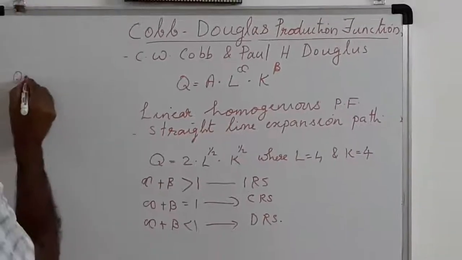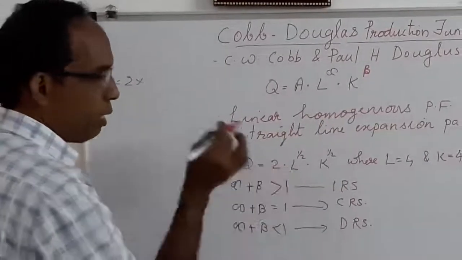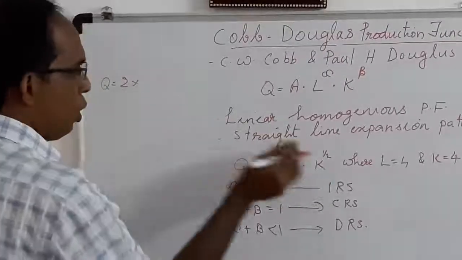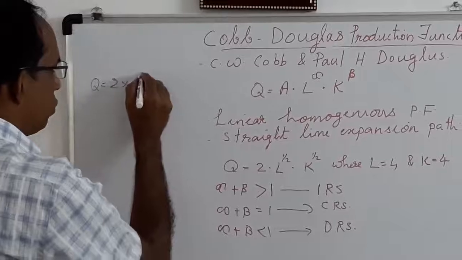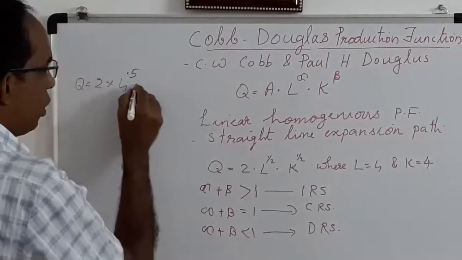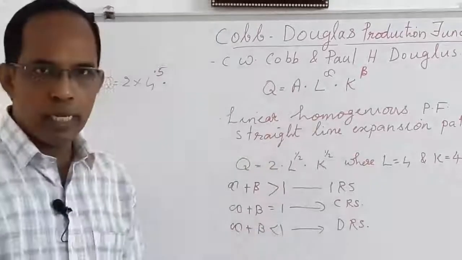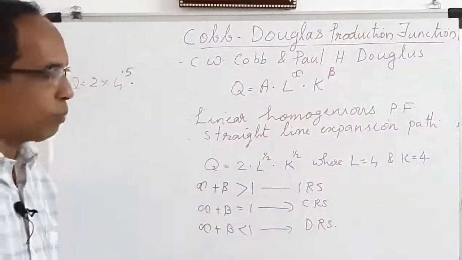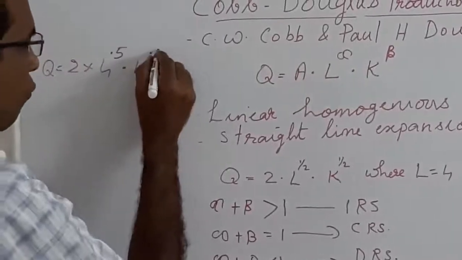Q is equal to 2 into, 2 is the efficiency parameter, 2 into the units of labor used, which is 4 raised to half, into capital. How many units of capital are used in the production unit? That is 4. 4 raised to half.